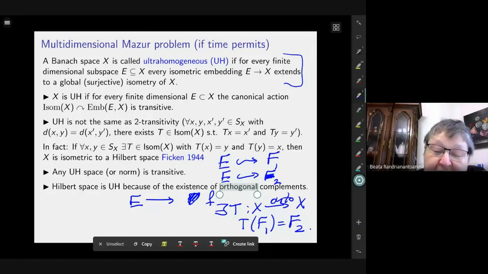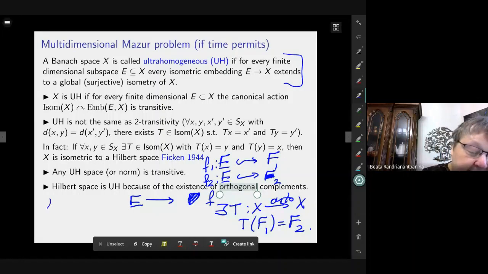Well, it looks like conjugation because we have this first embedding F1 and this second embedding F2. We said F1 got extended to some isometry T1, which when you restrict it to E is little f1.